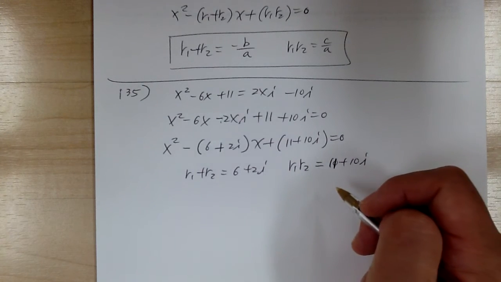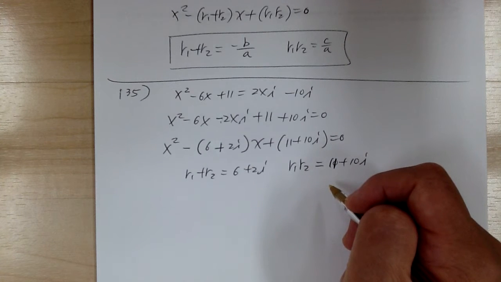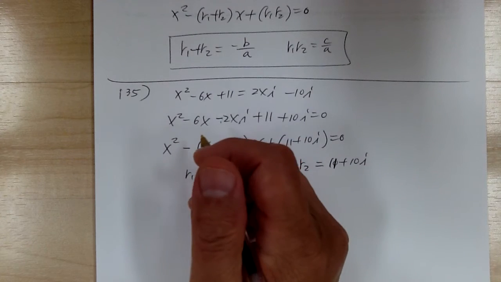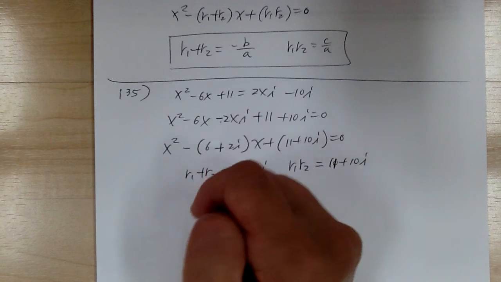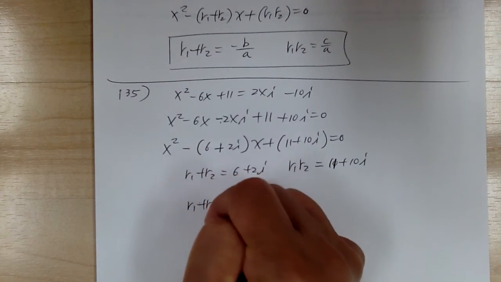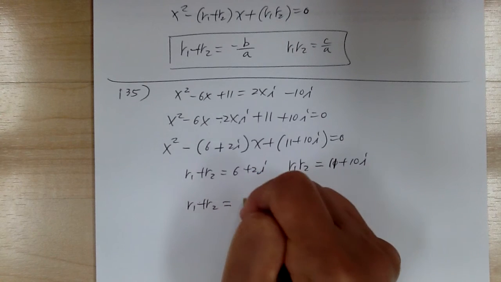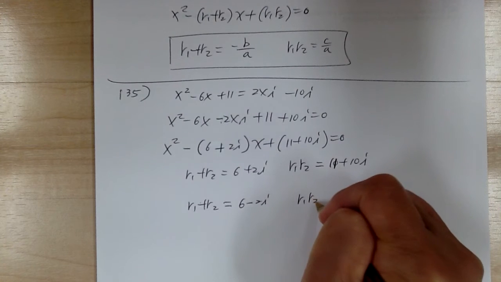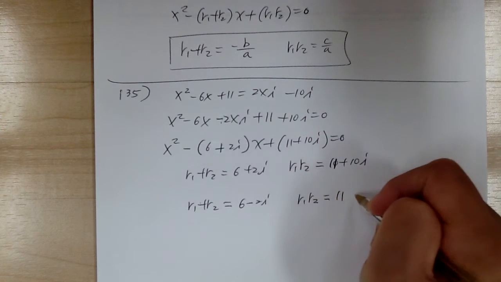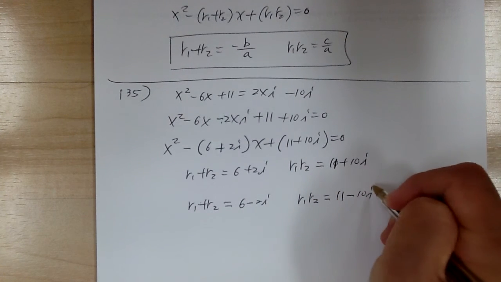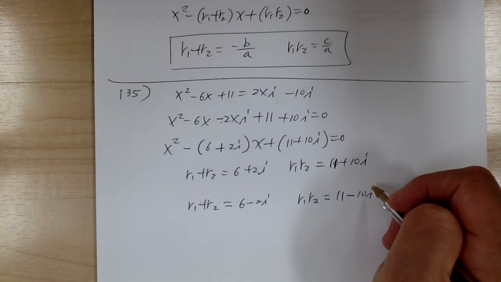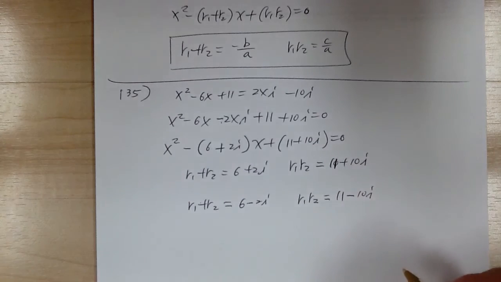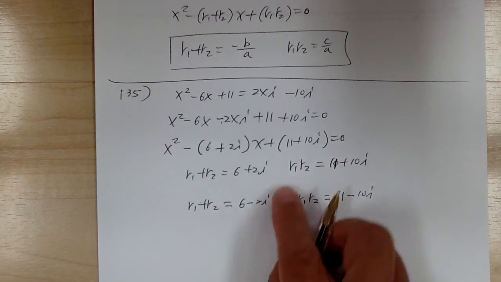And then after that, you want to do the conjugate. So for the conjugate, you're going to get R1 plus R2 equal to 6 minus 2i. And over here, R1 R2 equal to 11 minus 10i. Okay. And so from here, you put it back.